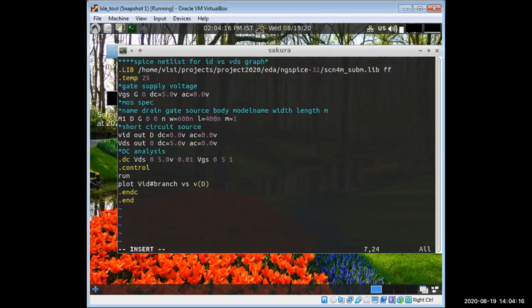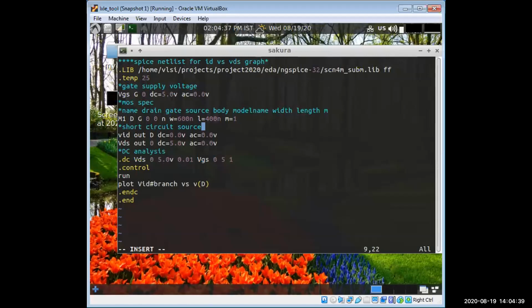Then this is MOSFET, then drain terminal, gate terminal, source terminal, and then bulk terminal. And as we will be observing for MOS, this is N. Then the sizes and M equals 1. That is multiplier. That means only one NMOS.